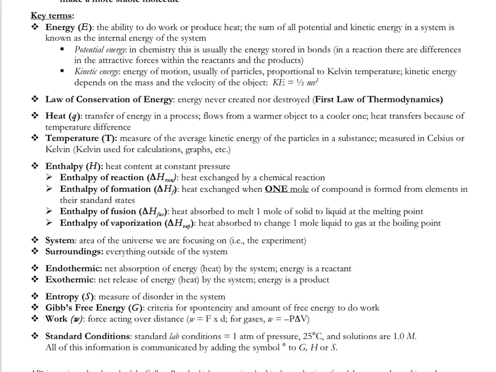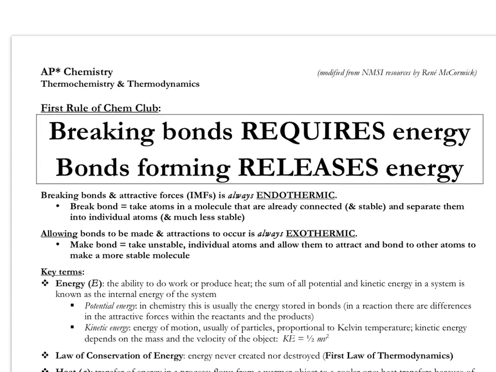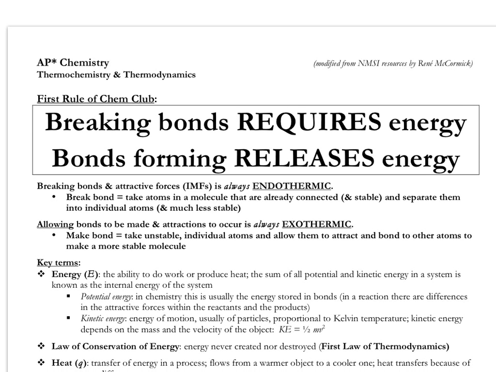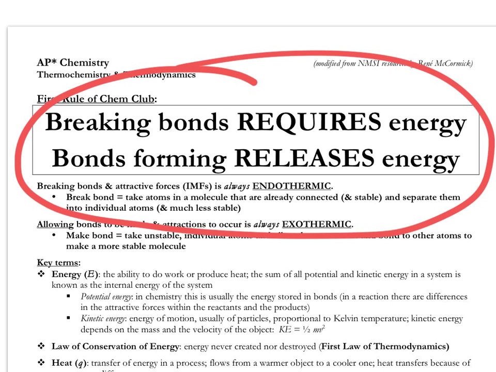But once again, gonna zoom back up here. This idea, breaking and making bonds, is very, very important. So in the past, I've started every single lecture day with this slide, and I've still had people missing these questions. So think about it in terms of magnets, think about it in all sorts of different ways. Just don't think about it wrong.